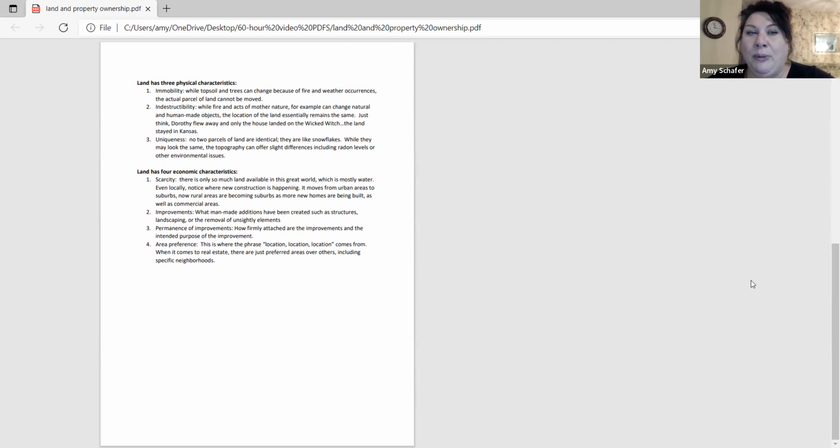The first one is immobility. Well, things on the surface can change because of weather or fire. The actual parcel cannot be moved. It's virtually indestructible.